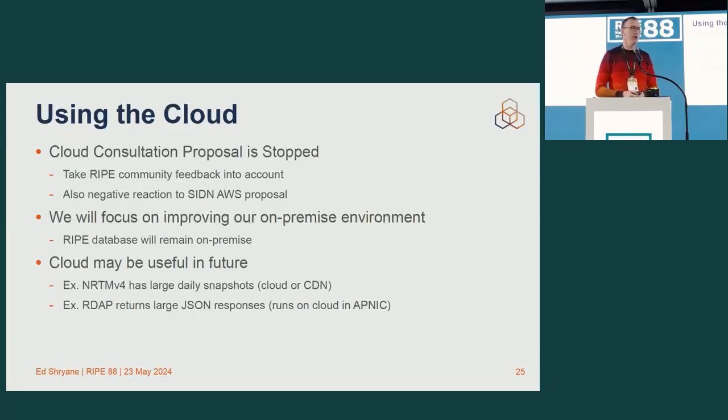We are taking RIPE community feedback into account, especially concerns around vendor lock-in, personal data. Also, the negative reaction to the SCIDN domain registry proposal in February really didn't help. So we don't feel there's strong enough support to move forward.